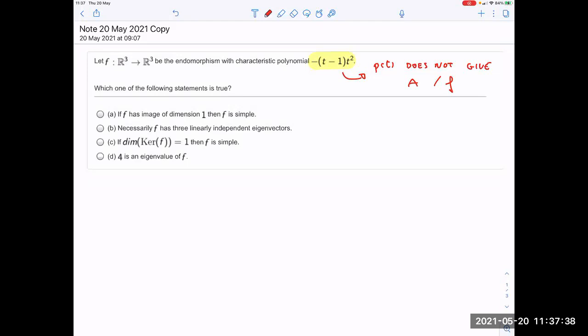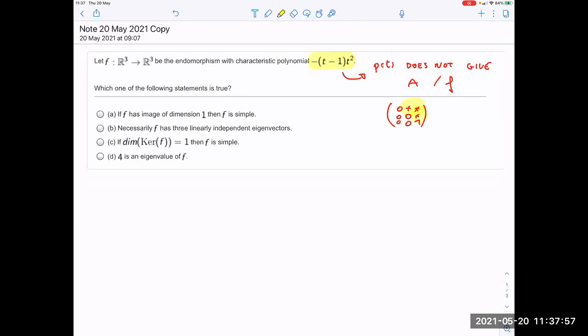There are different 3 by 3 matrices having that characteristic polynomial, and I can provide you some examples of this. So for example, 0, 0, 1. And then whatever I put here in the yellow area, the characteristic polynomial is going to be the one you see there.